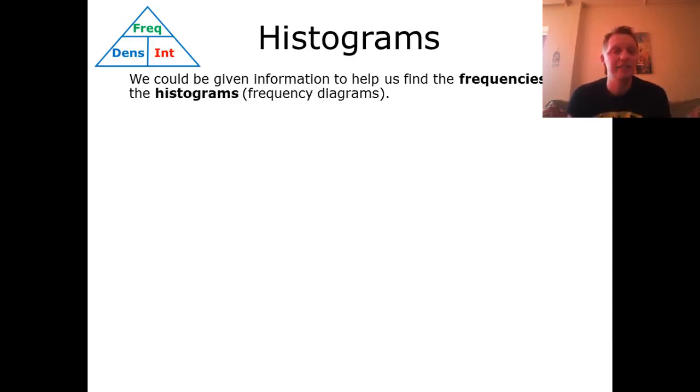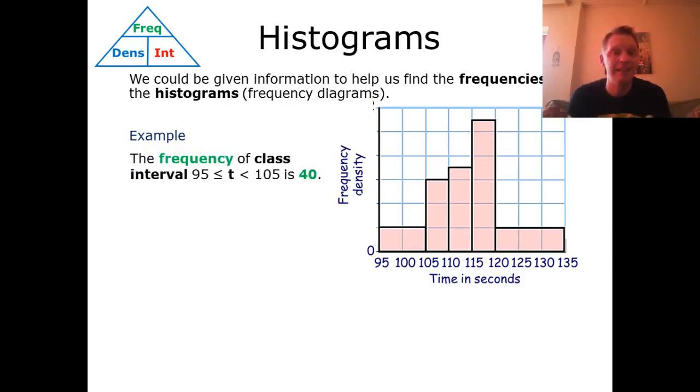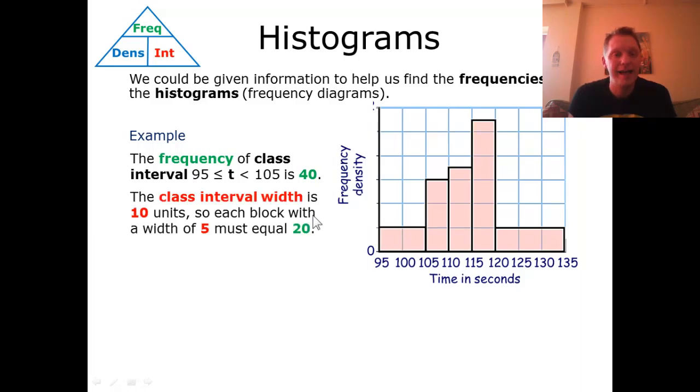We can use these to help find frequencies when we've been given some information. So the frequency for the class of 95 to 105 is 40. So we've been given this information. We can now find out that the class interval is 10 units long.